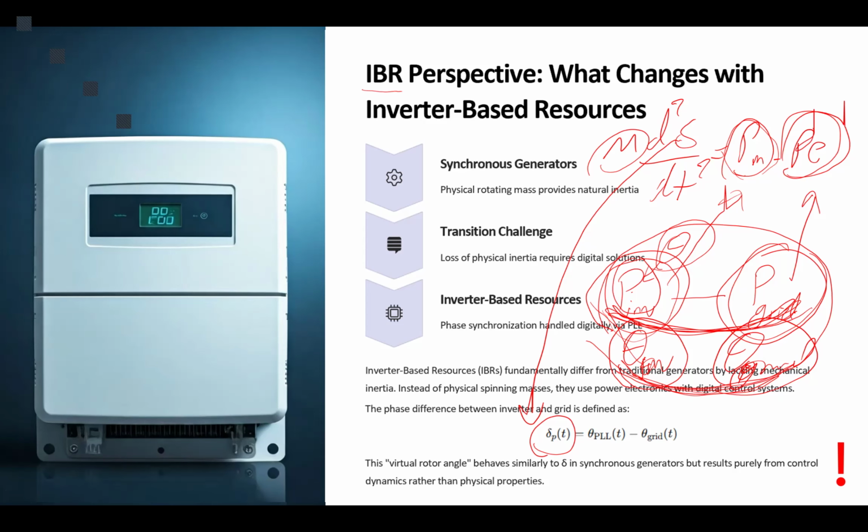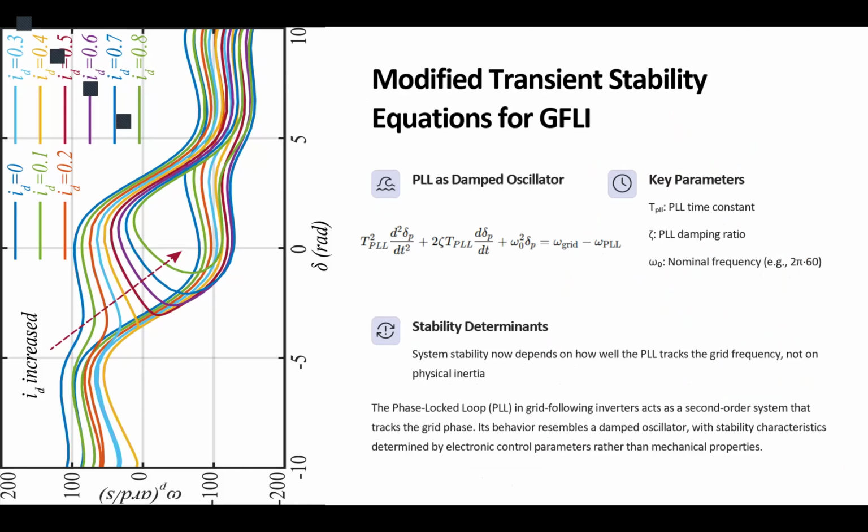Now that we have a virtual rotor angle, we could use that swing equation, that second order differential equation, to analyze what's going to happen in our system when we have a fast transient.